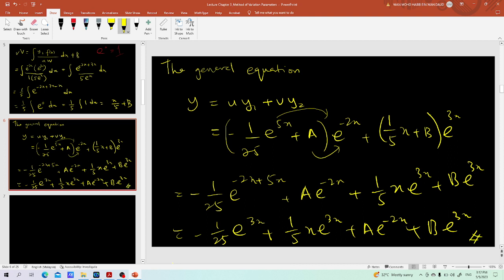Okay, so finish. So that is the method of variation of parameters, and you can use this for your final, because in the final they will ask you to use this method to find the general solution.